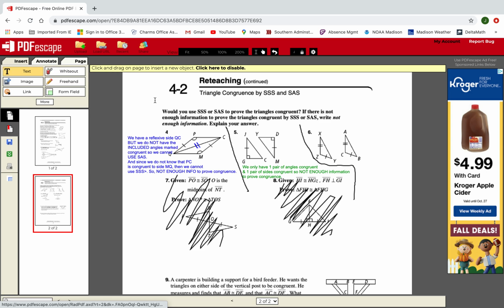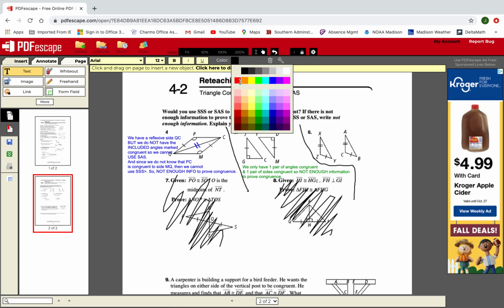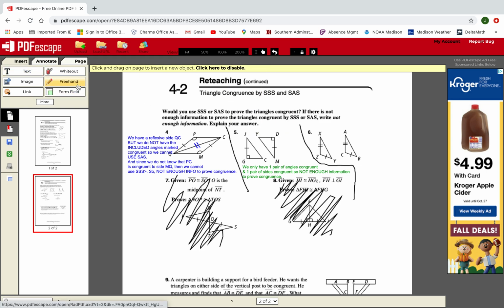So we're going to switch again here. Go red. Let's look and see what we have in figure 6. We have 2 sides, but we don't have the third side, and we don't have any angles. So there's not enough information. On 6 we only have 2 pairs of sides marked congruent, and that is not enough to prove congruence.